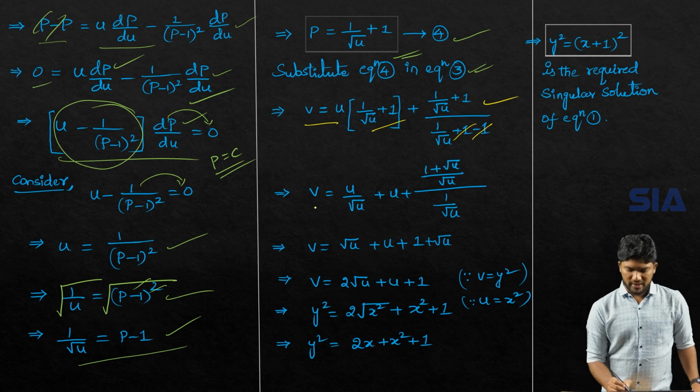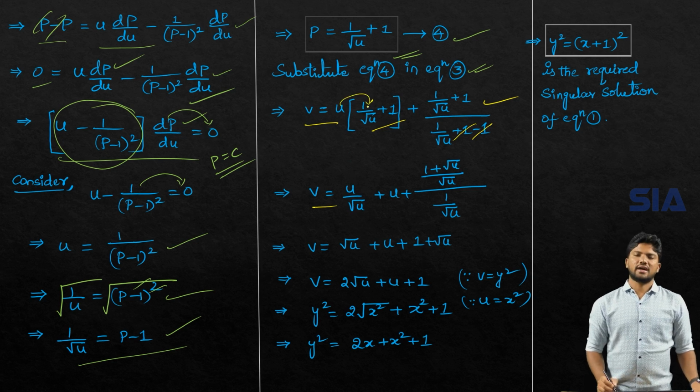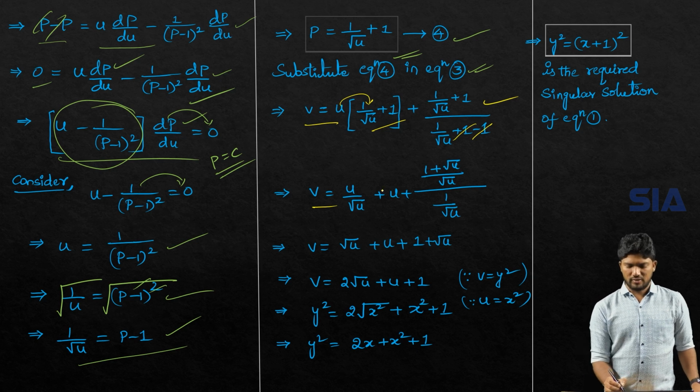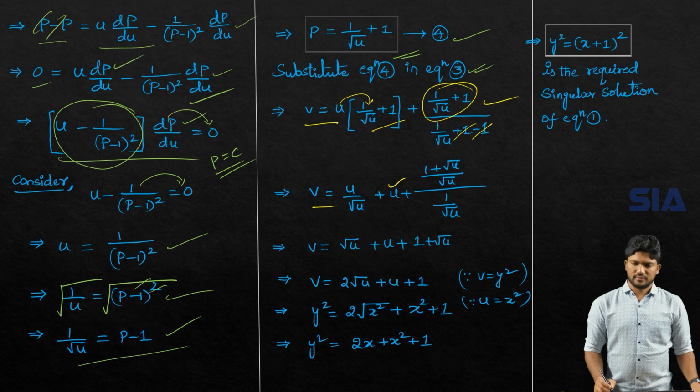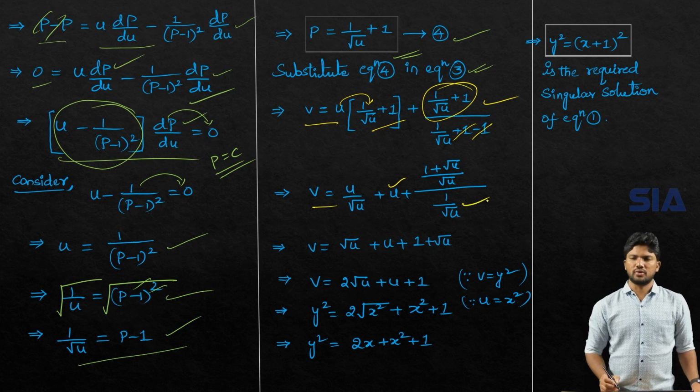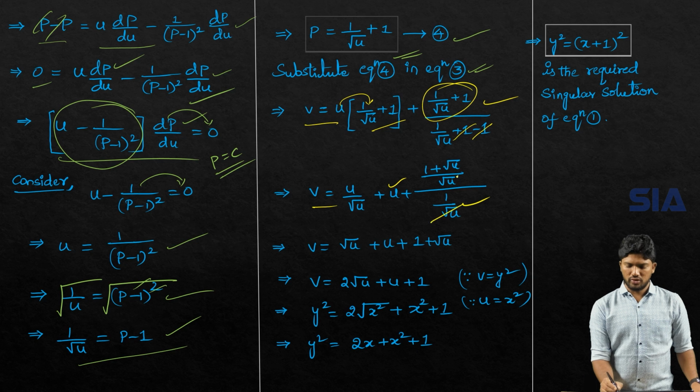Therefore v is equal to, if you take the LCM inside that box, you will get u by 1 by root u. Otherwise you can multiply u with that box. So u into 1 is u only, plus in the numerator take the LCM, 1 plus root u, and in the denominator root u. Again root u will get cancelled.